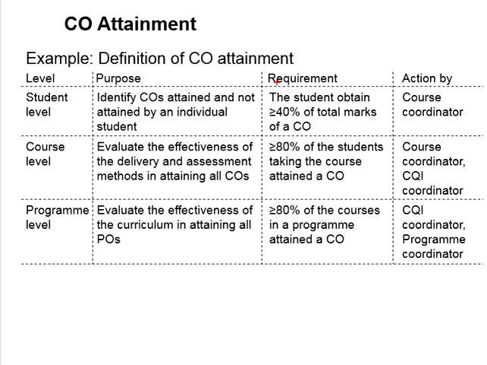Normally, we do not have much argument at the students' level and also the course level. We have no problem seeing the students attaining certain COs while not attaining some other COs. Normally, we also do not have a problem with a course having some COs attained while others are not. But when it comes to the program level, there are two schools of thought.